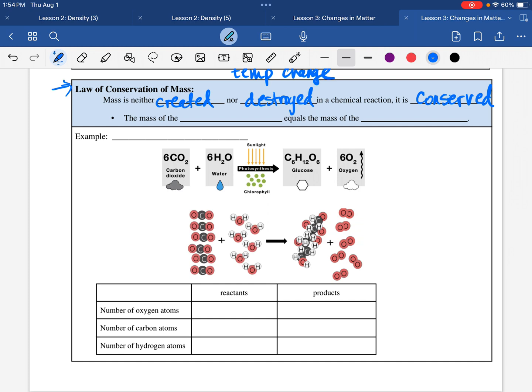Conservation, things don't change, right? It is conserved. So because you can't just get matter out of nowhere, you can't just have atoms appear or atoms disappear, that means that the mass of the reactants, how much the reactants weigh, if we could put them on a scale, is equal to the mass of the products. So nothing appears or disappears in a chemical reaction.